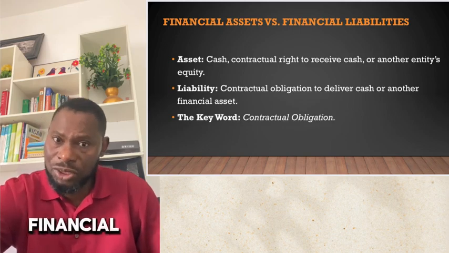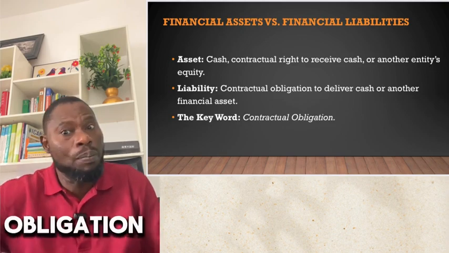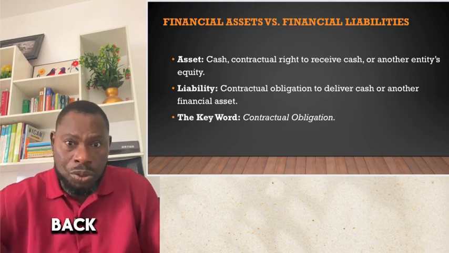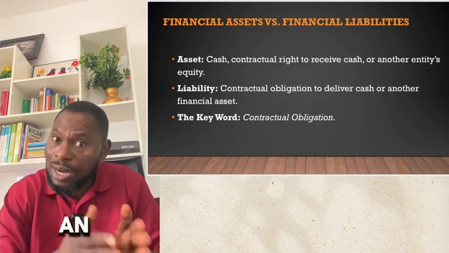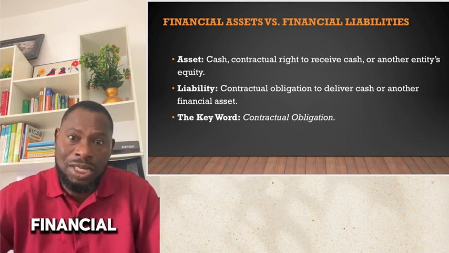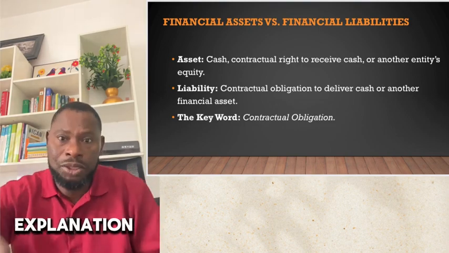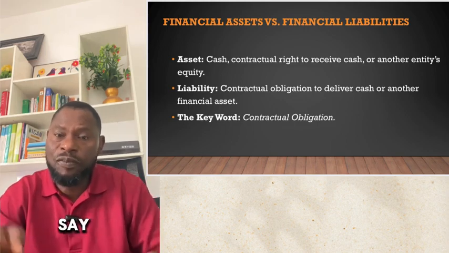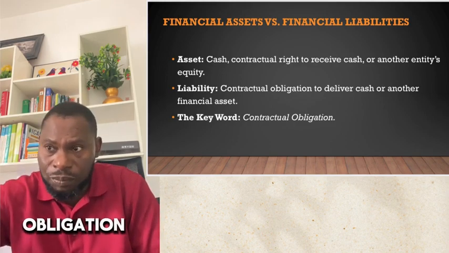Now, what is a financial liability? A financial liability is the mirror opposite. It's a contractual obligation. Always remember to go back to the IASB framework. It will guide you on what an asset is and what a liability is, so that when you're talking of financial liability or financial asset, you can link it to that big explanation and it will guide you. So you can see that liability is the mirror opposite. When we say financial liability, we're saying that it is a contractual obligation to do what?